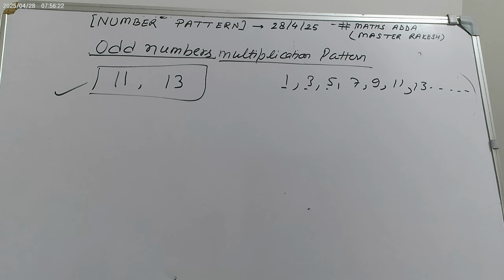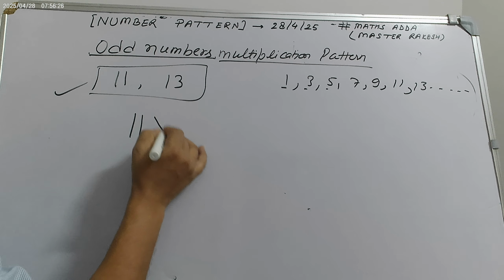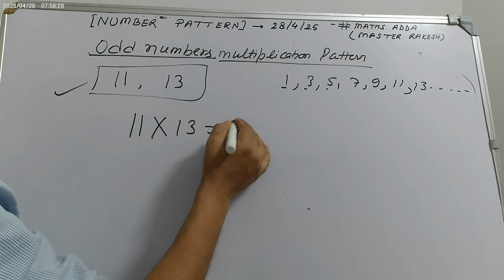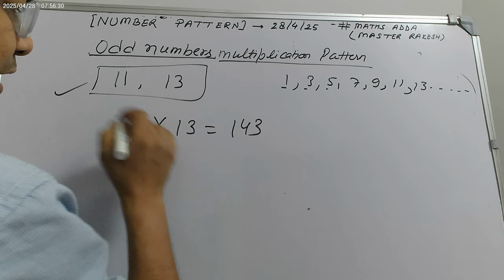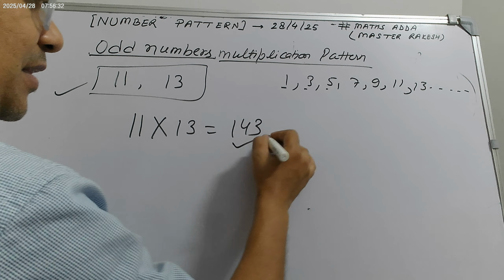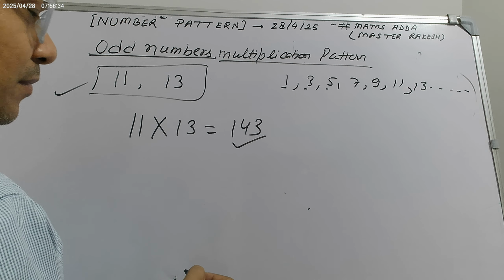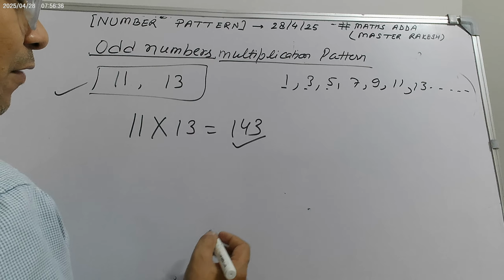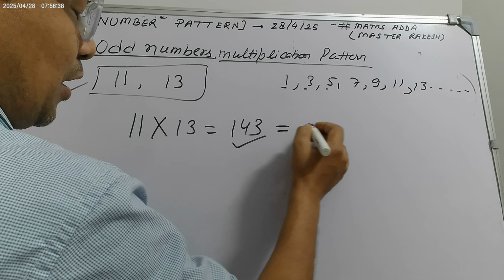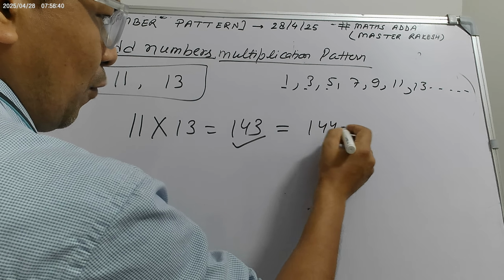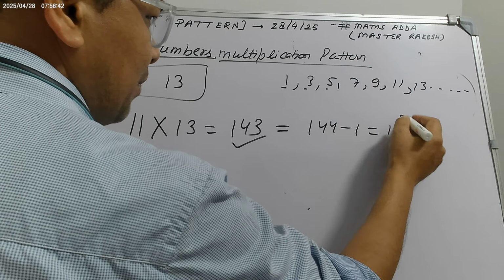If 11 and 13 are the odd numbers and you multiply 11 into 13, what does it become? 143. You multiply it, you will get this. So 143 I can write as 144 minus 1. I can write it as 12 square minus 1.